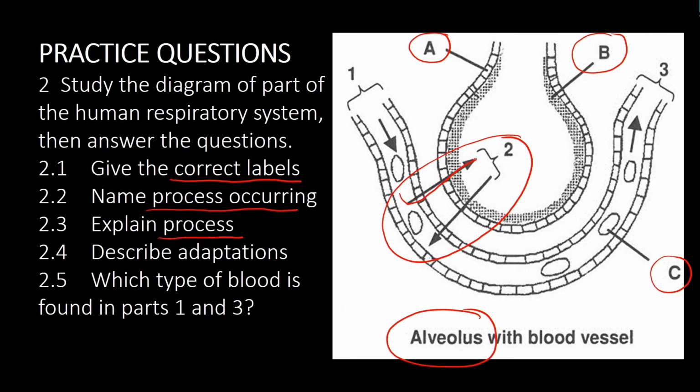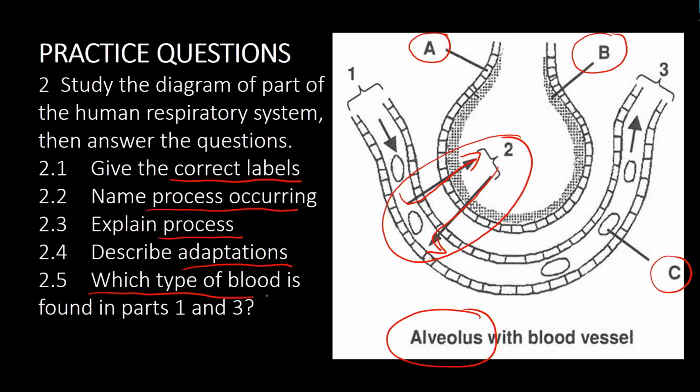So you would have to talk about the carbon dioxide going from a high to a low concentration and the oxygen going from a high to a low concentration. Okay, adaptations. That's the same question as in the previous one. What about the alveolus makes it very efficient at carrying out its function? Thin wall lined by liquid, blood vessels under the skin, all of those ones that we've mentioned several times before.